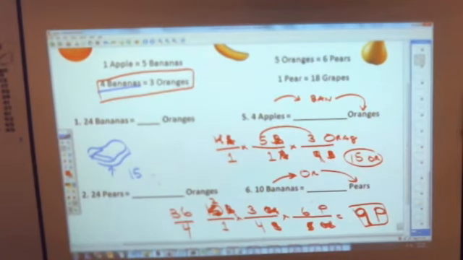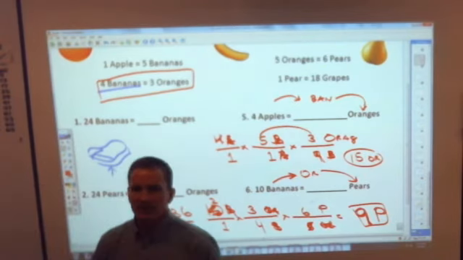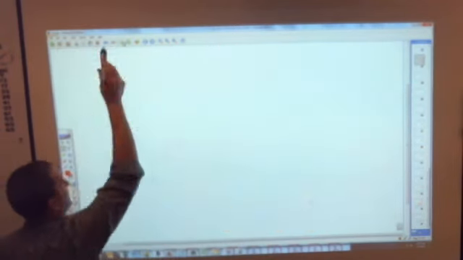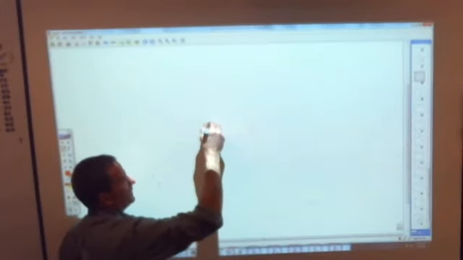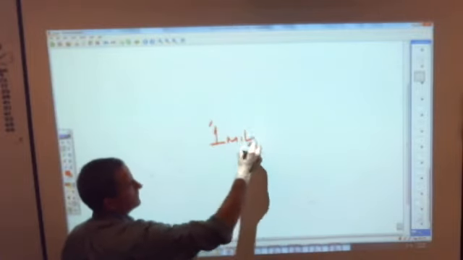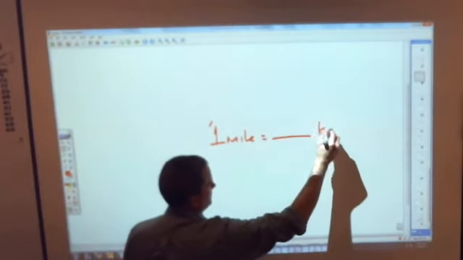Now, for Brody Greer, I am going to do his. This is a long one, by the way. Brody, do you want me to figure out how many miles there are in a kilometer, or how many kilometers are in a mile? How many kilometers? Okay, so I want to know 1 mile equals how many kilometers.